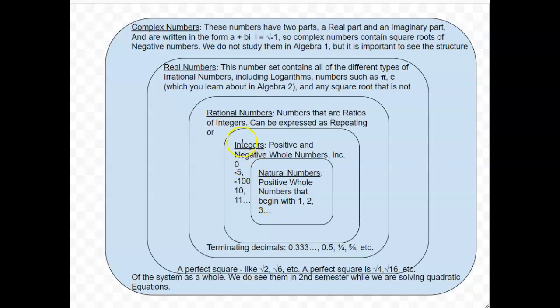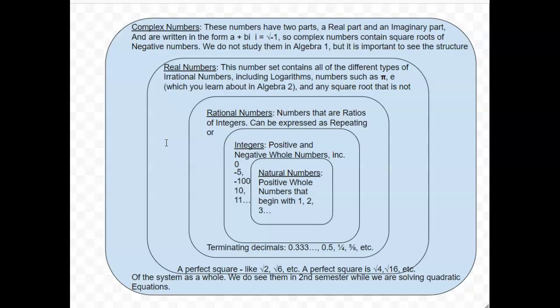The next box I choose to call the real numbers, and I got that designation from the MRWC people. The irrational numbers really don't have their own set, okay? They are considered real numbers because they do fit onto the number line.